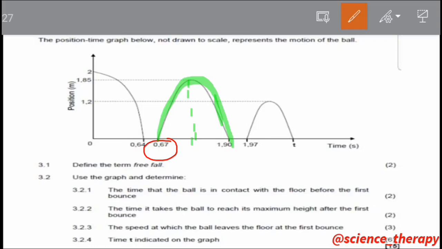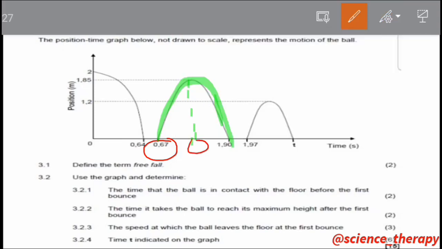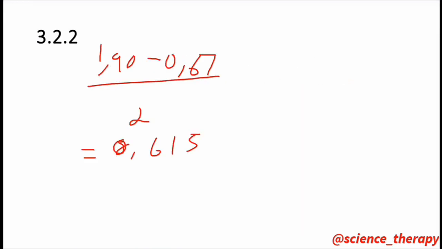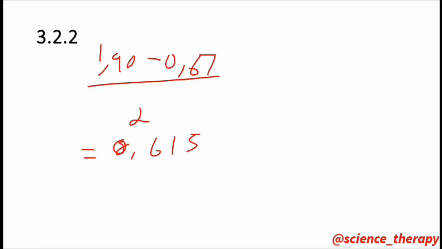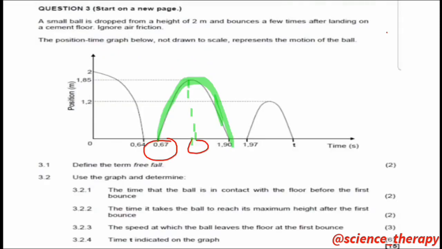If we look at this graph, we can see that it is parabolic in nature, meaning we can use our knowledge of math to get the time there. So how do we get the time? We can just go 1.90 minus 0.67 divided by 2. That will give us 0.61 seconds, right? So the time that we have here is 0.615 seconds.